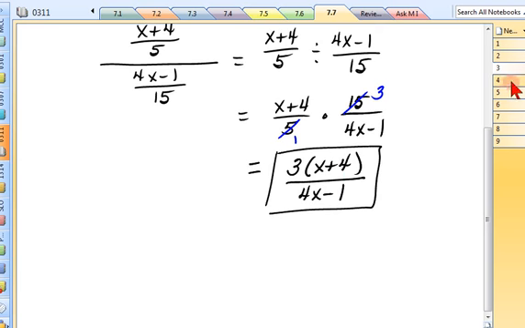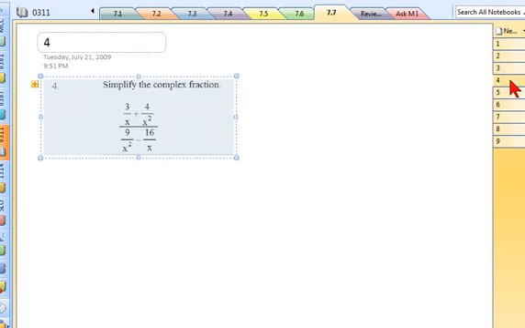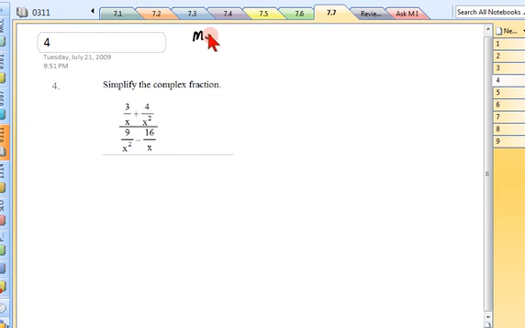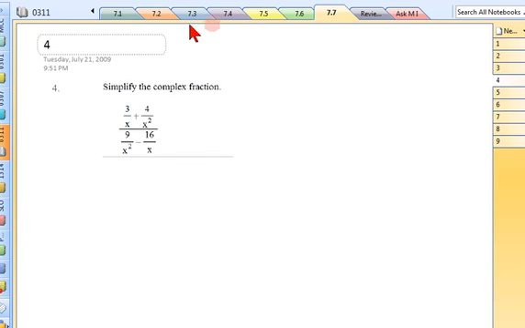Okay. Method 2, let me write, this is problem number 4. Let me call it type 2. That's what I was calling them. Type 2 has either a sum or a difference of fractions in the top, or maybe in the bottom, or maybe both. But there's more than just a single fraction over a single fraction.